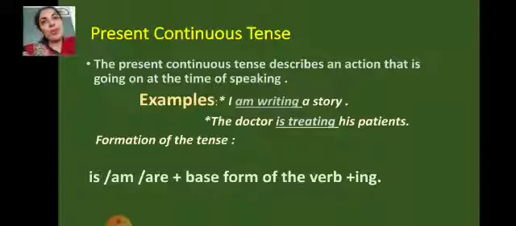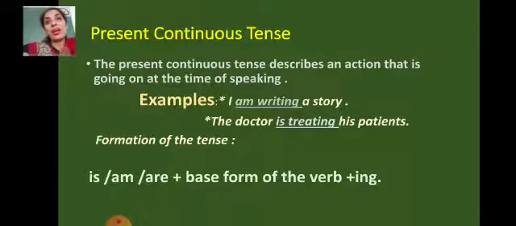Correct? And where we have E at the end of the verb, then we'll have to drop E and add ing. Okay? And where we have small words like swim. Correct? So when before the last letter we have a vowel, then the last letter will be doubled. How is it? Swim.